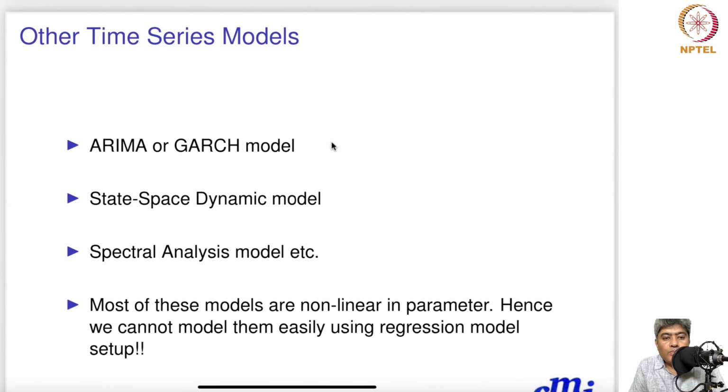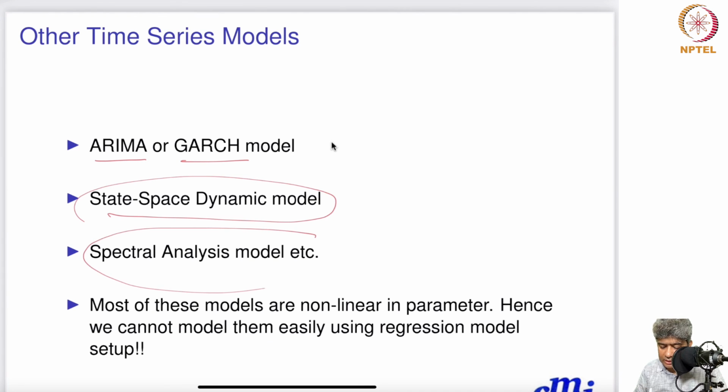Other time series models such as the ARIMA model, GARCH model, state space dynamic model, and spectral analysis model are mostly non-linear in parameter. The simple trend and seasonality model for long-term forecasting and the autoregressive model for short-term forecasting are regular regression models which are linear in parameter.